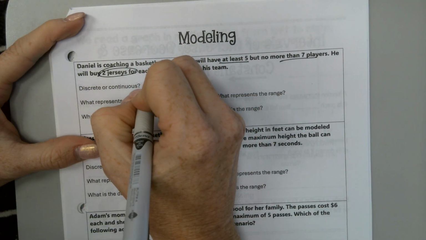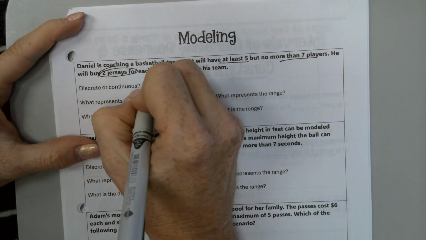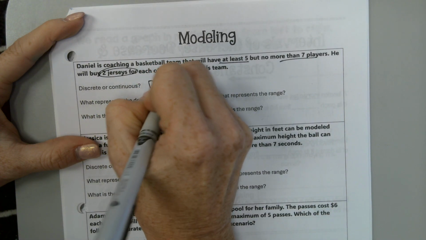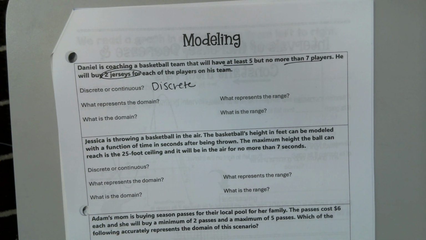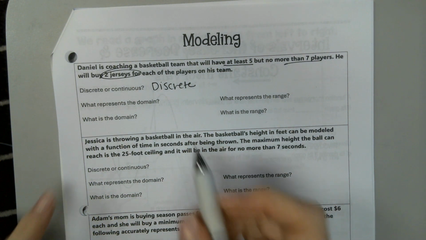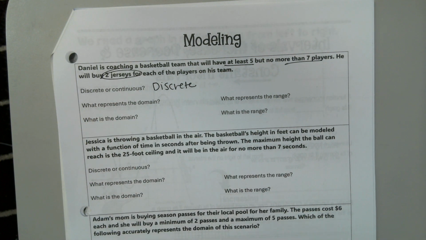Which one? I've heard both words. It is discrete. Now let me ask you, okay, what represents the domain? So if I'm thinking science, my x-axis is my independent variable and my y-axis is my dependent variable. What is dependent on what here?